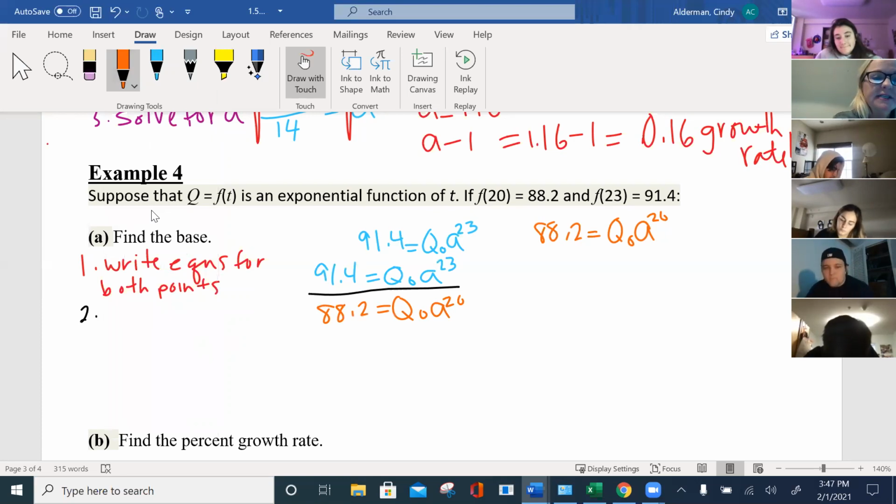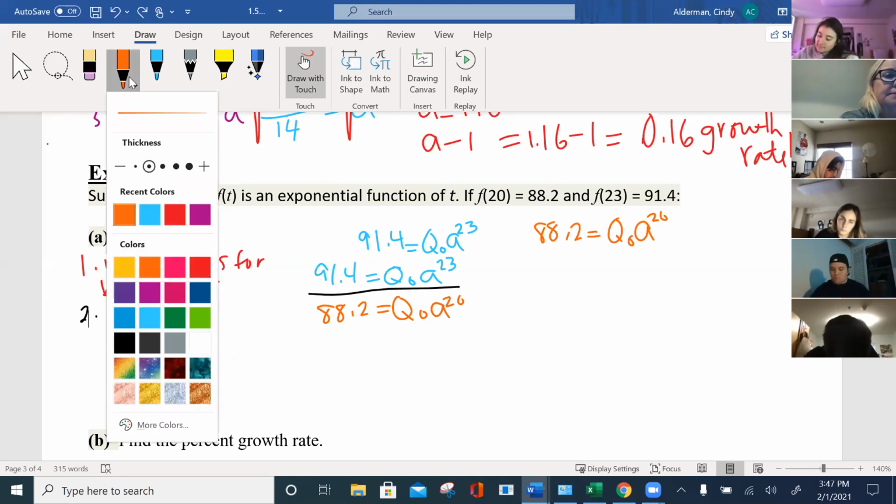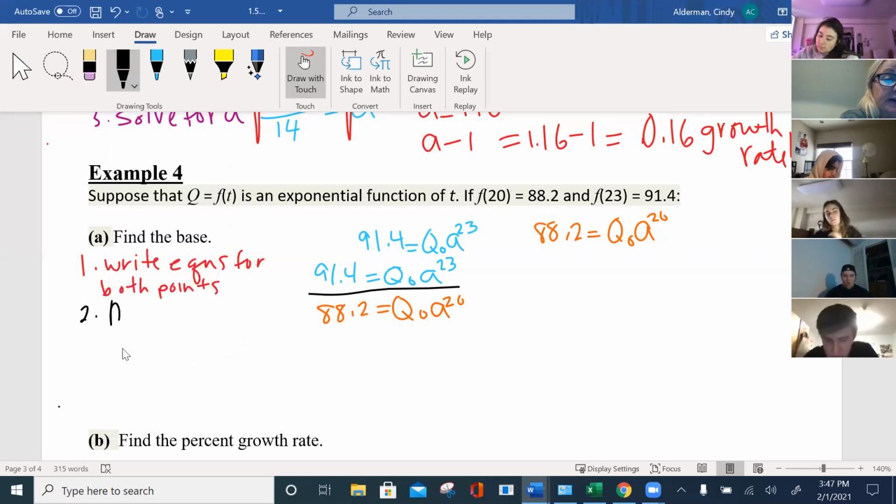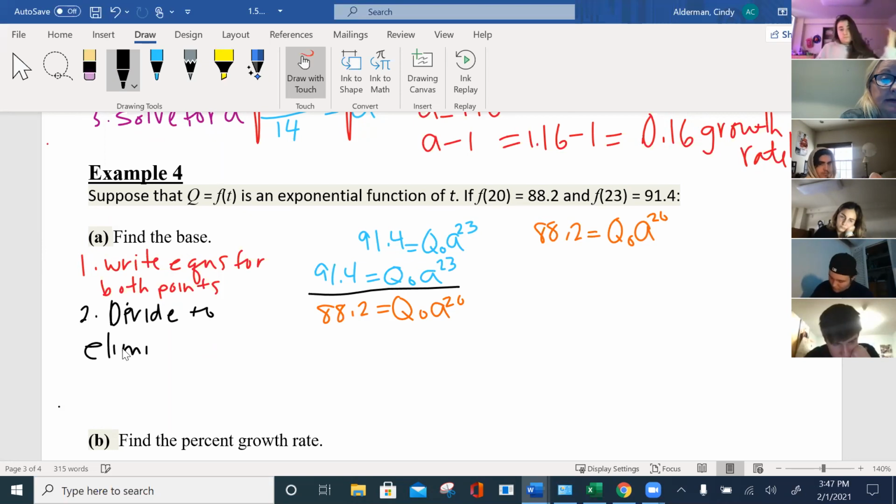So this cool trick allows us to divide to eliminate Q sub 0. And remember too, they're asking us to find the base.